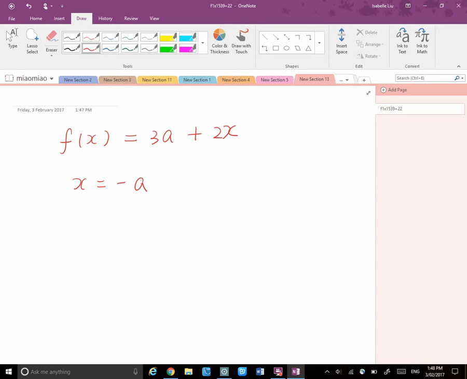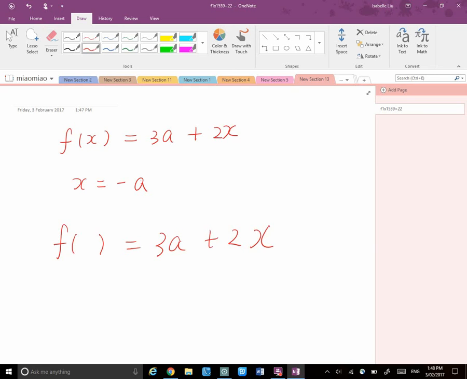If you really don't know how to do substitution, what I would suggest is, I will write down f(x) equals 3a plus 2x. Now I will take off this x, so I don't have this x.